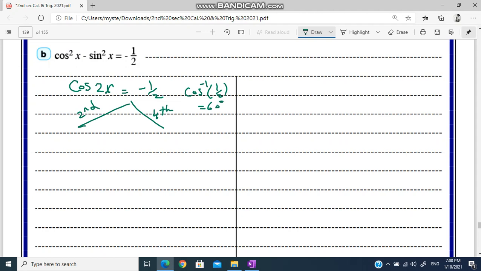So the angle in the second will be 180 minus 60, and in the third will be 180 plus 60. So it will be 120, and here will be 240. So 2x equals 120 and 2x equals 240. By dividing by 2, x will be 60 and x will be 120.